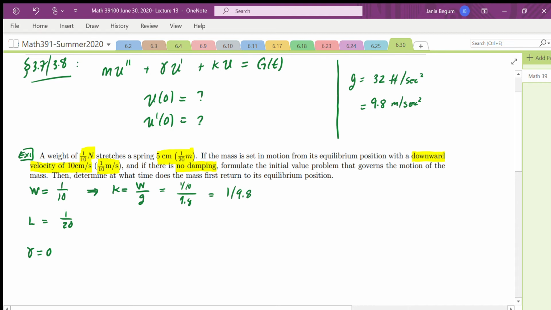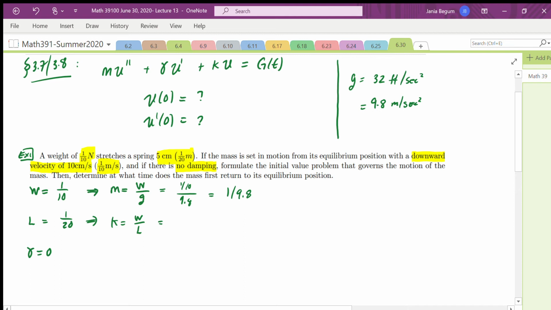No, sorry, that's M. First mistake of the day. That's M. And K is going to be determined by the formula, the weight over stretch.